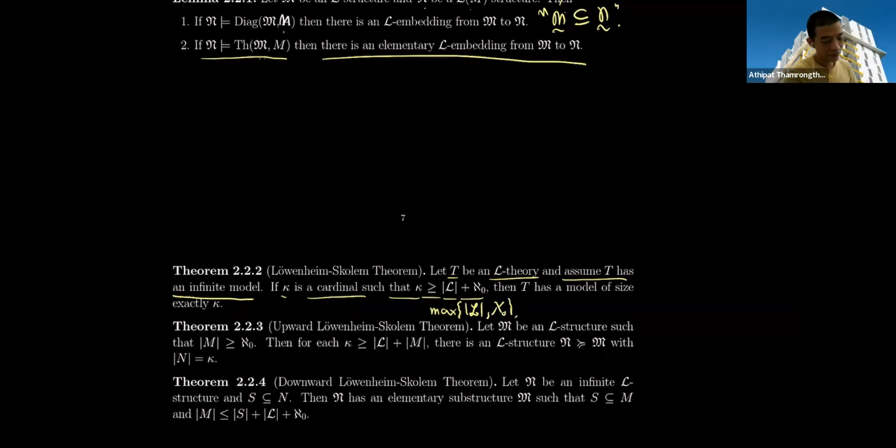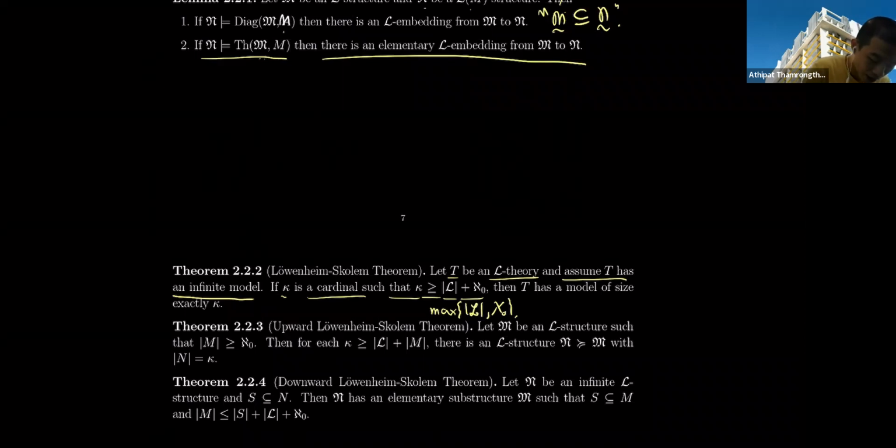So if L is infinite, it's going to be equal to the cardinality of L. But if L is finite, it's going to be at least countably infinite.